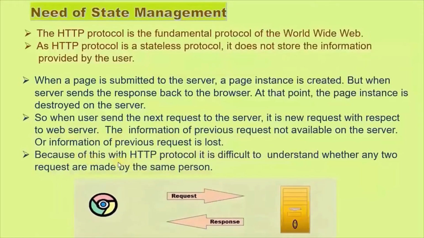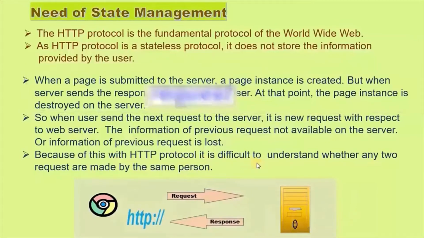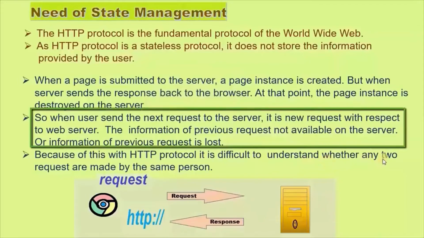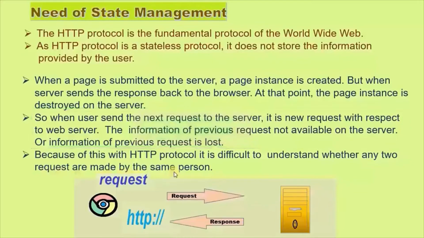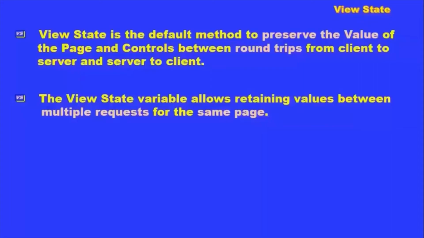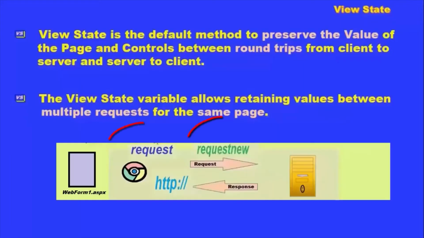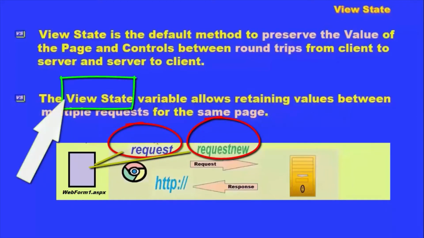Because of this, with HTTP protocol, it is difficult to understand whether any two requests are made by the same person. So when there are multiple requests for the same page, at that time ViewState method is used for retaining values.